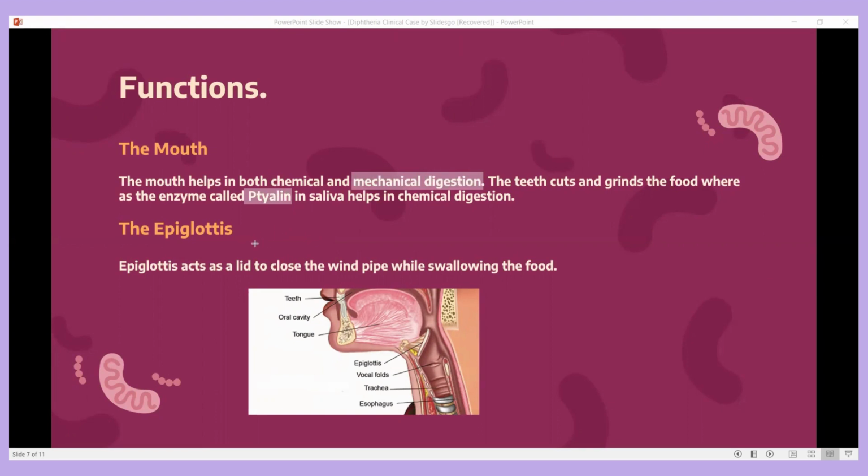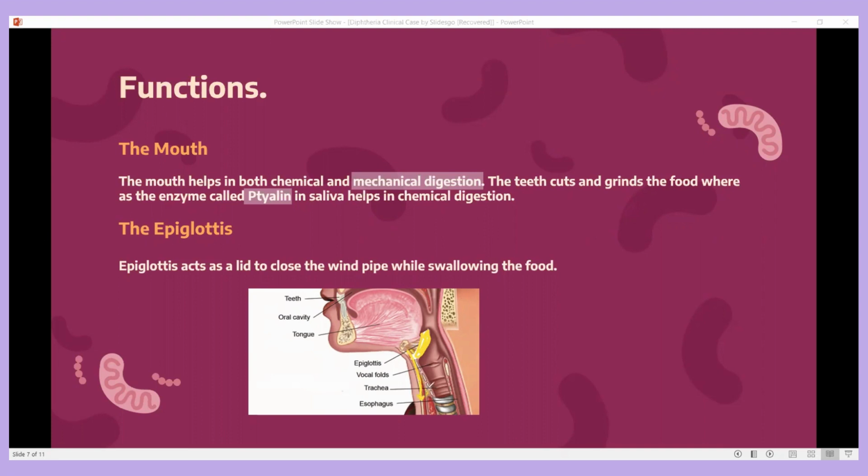So of course, the mouth helps in both types of digestion. And the function of the epiglottis, as I said earlier, the lid-like part in the throat: how does that help in the digestion? Well, while we are eating, the food shouldn't enter the windpipe.